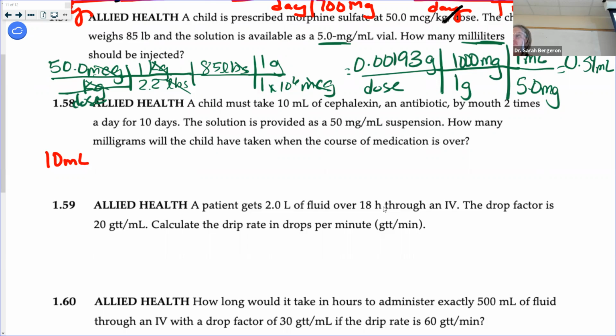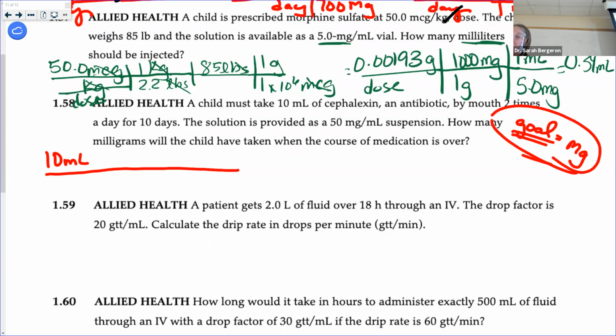Sometimes you just have something in the numerator, and that's okay. All right, I'm trying to get to what? What's my goal? Total milligrams. My goal is total milligrams. So I have to convert from milliliters to milligrams, right? Okay, so what do I do next?